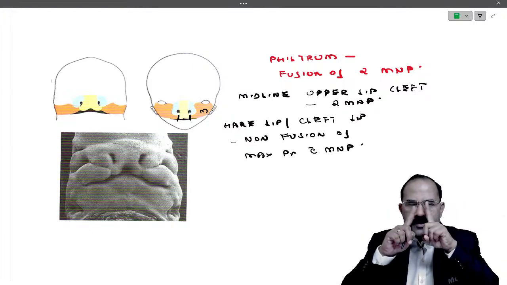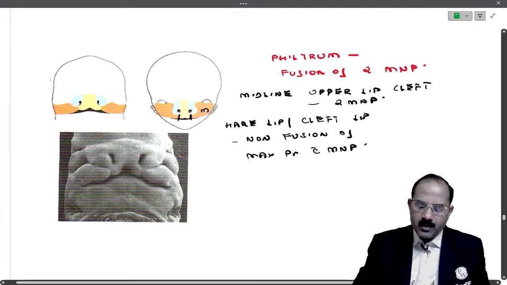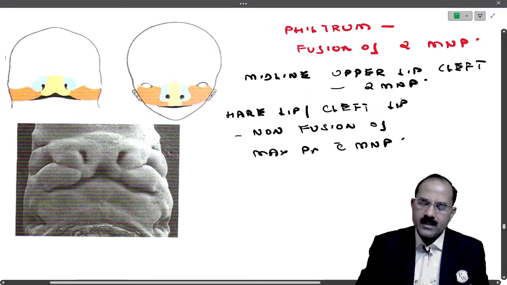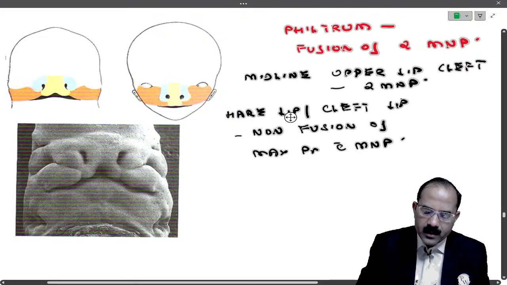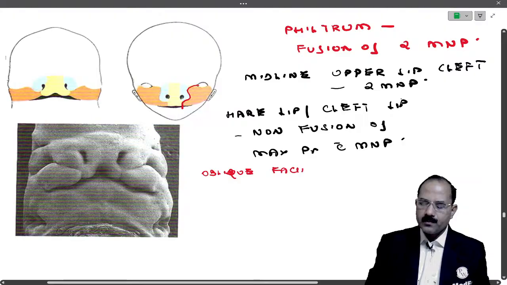Non-fusion of maxillary process with the medial nasal process, we get a hair lip. And finally, if the maxillary process does not fuse with the lateral nasal process, we get a cleft extending from the eye to the lip like this. What is that known as? Oblique facial cleft.